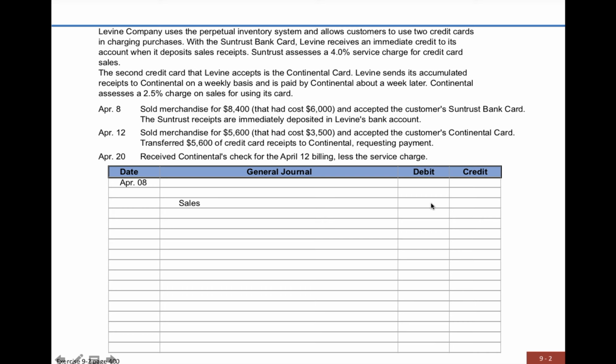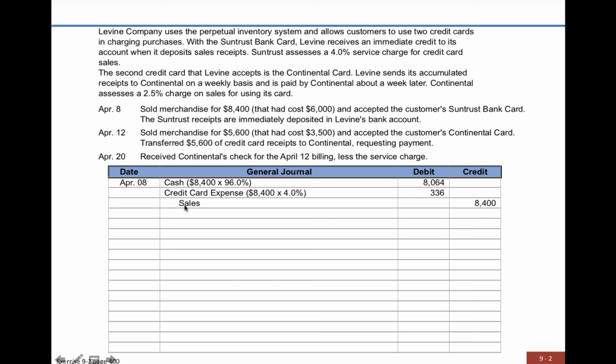And then to get to $8,400, we will have the 4% fee plus the other 96% that we get in cash, and that will make up the first part of our journal entry here. Now the other part of this journal entry, if you'll remember, this part here is basically showing from the customer perspective how much we're getting from the customer. And we also need to show from an internal perspective how this journal entry affects our company.